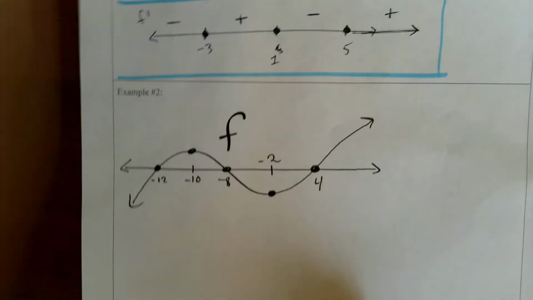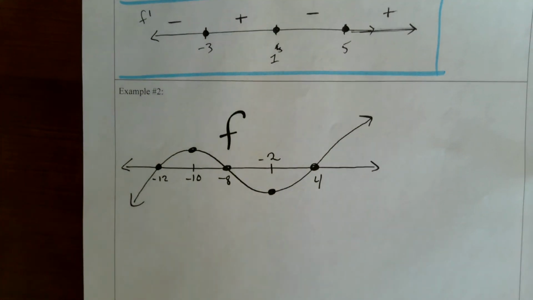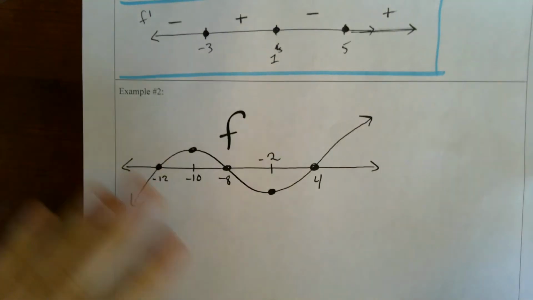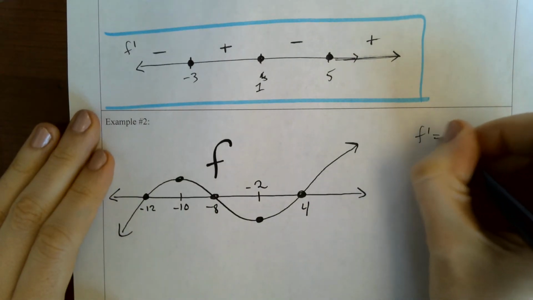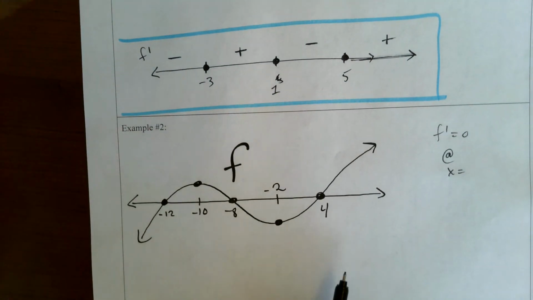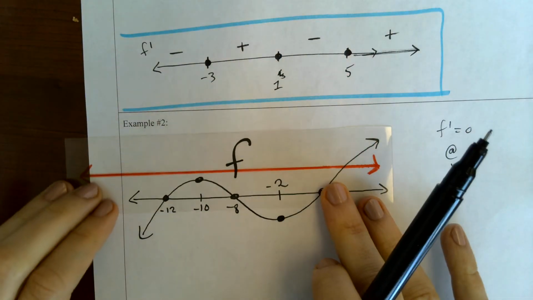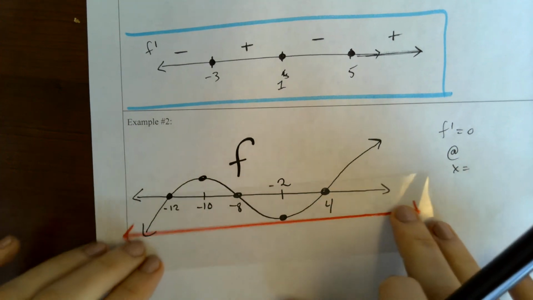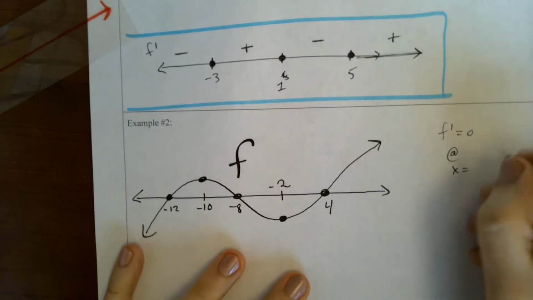Now down here, we're going to do the same thing. I'll go a little bit faster. First I'll find where f prime is 0. F prime is 0 at x equals, so where are you going to have horizontal tangents? I'm going to have one at negative 10, and then another one at negative 2.